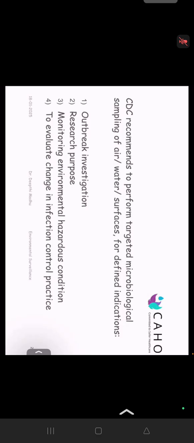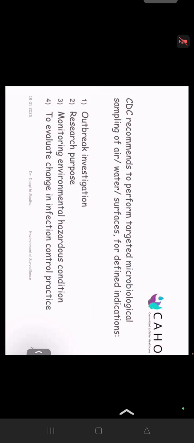Because without a HEPA filter or a HVAC, it is not possible to contain or control the microbial burden of air. So to see if the air filtration and the containment of microbial burden is going as per plan, you do an air culture.